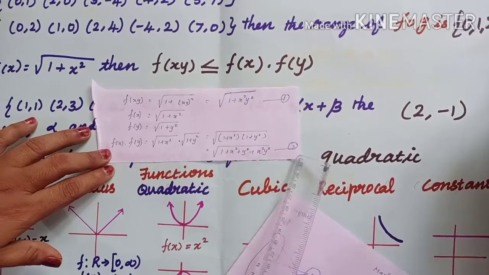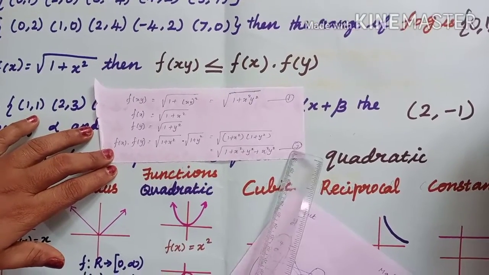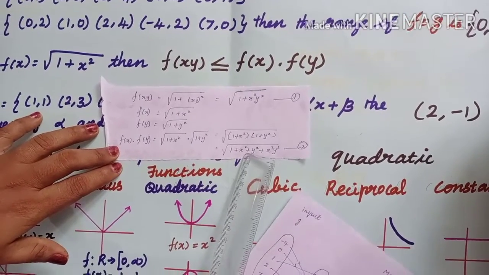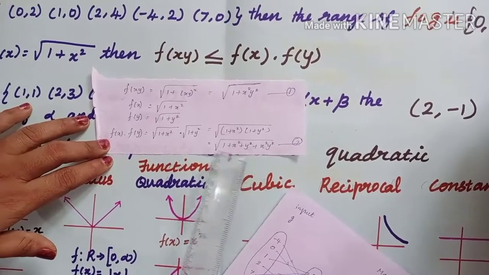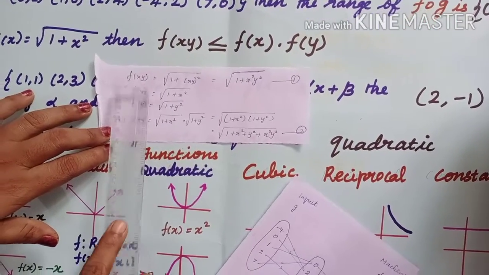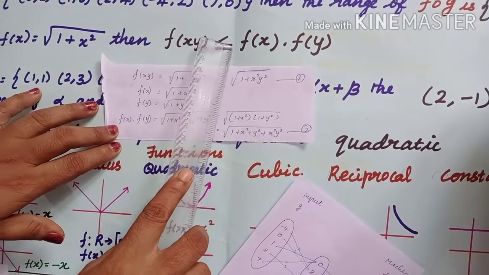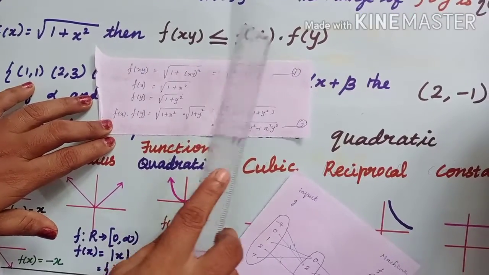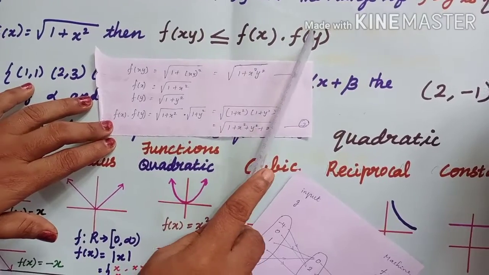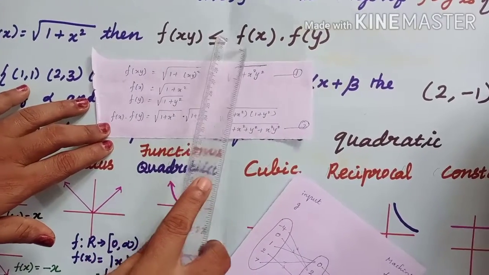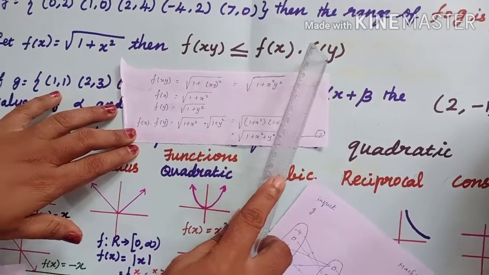You look at the first and second answers. So this is higher than this. So f of xy is lesser. Okay, f of xy is less than the separate multiplication of f of x and f of y. Okay, so less than or equal to f of x into f of y.